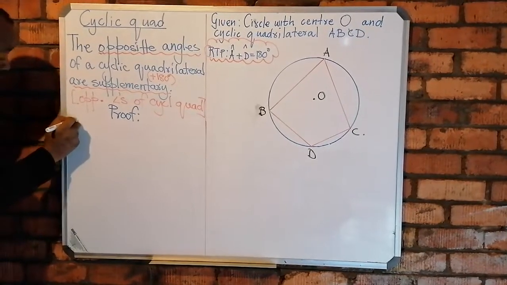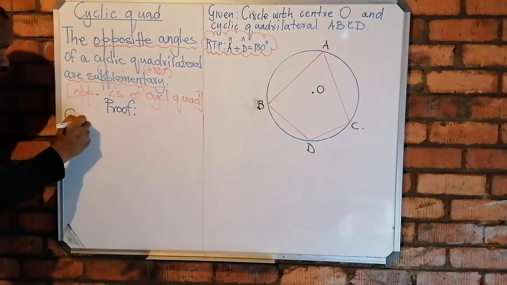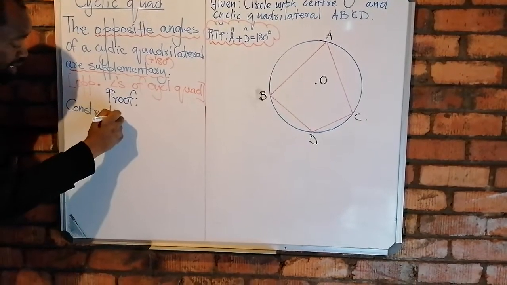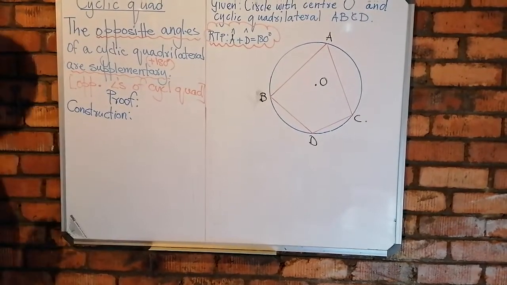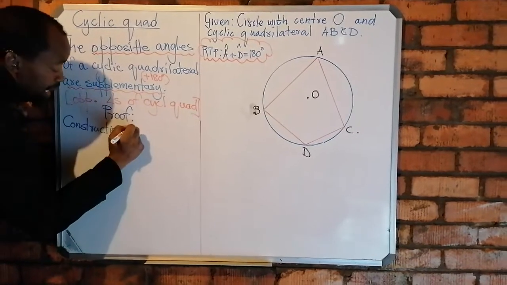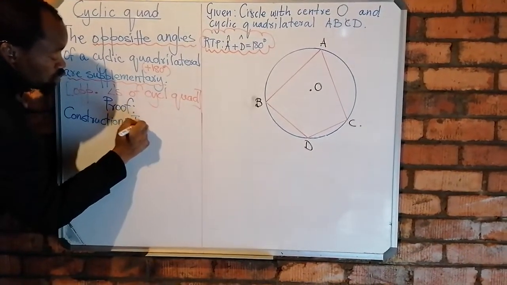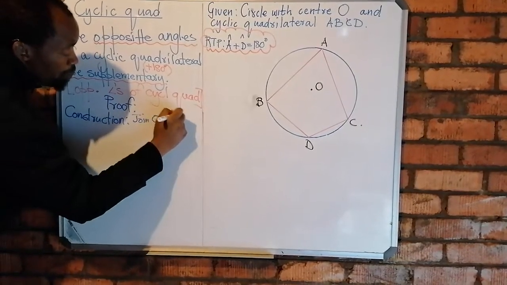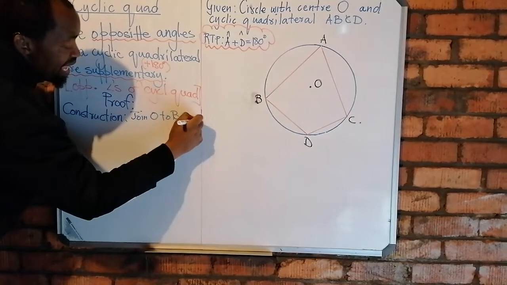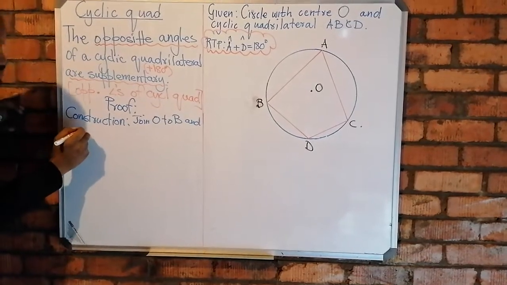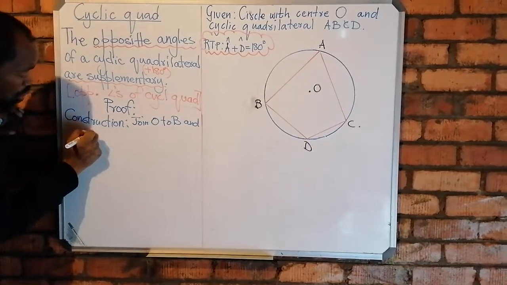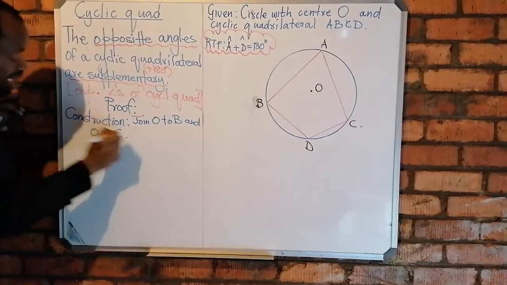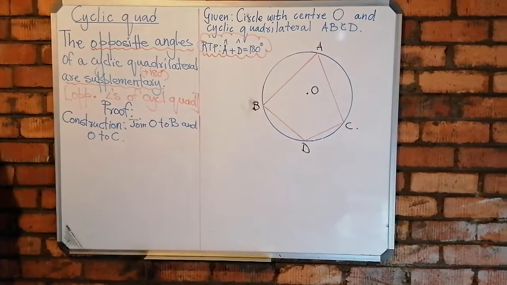Number one, I would construct, I just say construction. Now, construction, I would just say join O to B and O to C. What does this mean now?